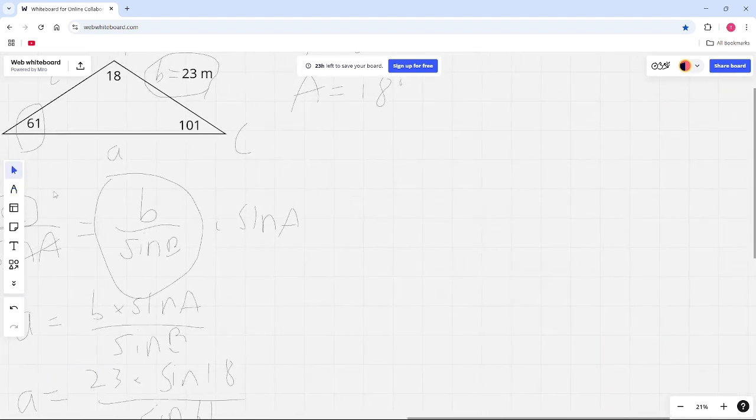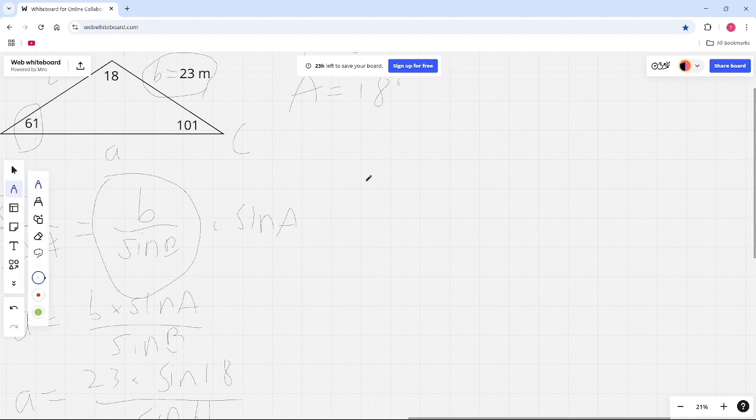Now we do the same thing for c. So side length b over sine angle B is equal to side length c over sine angle C. Now we isolate for our side length c. So you will multiply by sine angle C. I'll just put a divider here. So these two divide out.